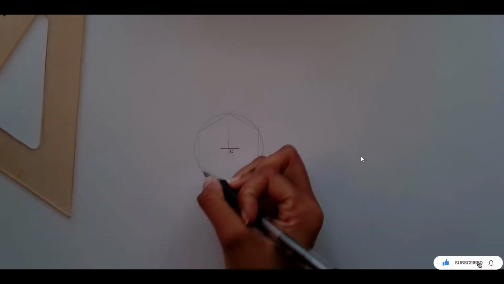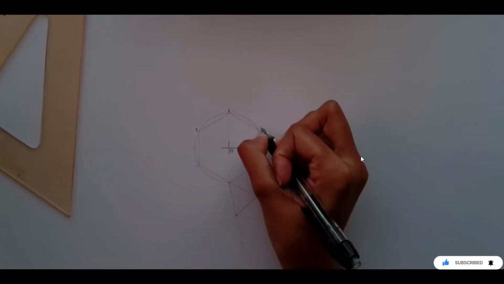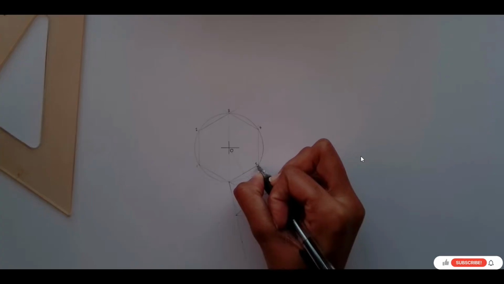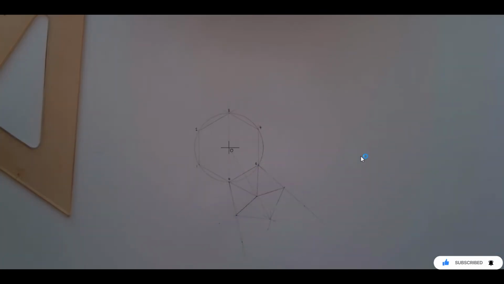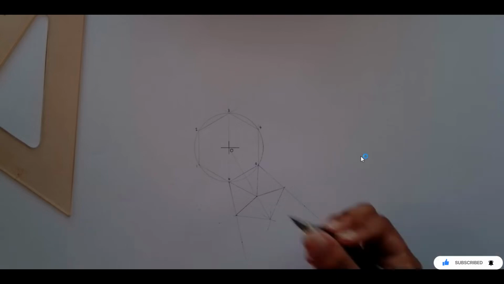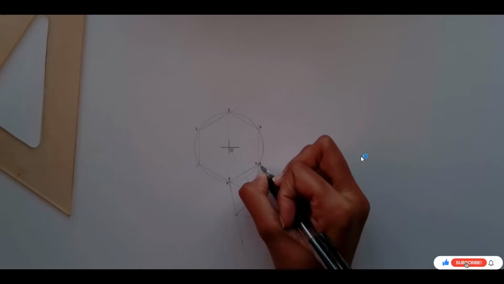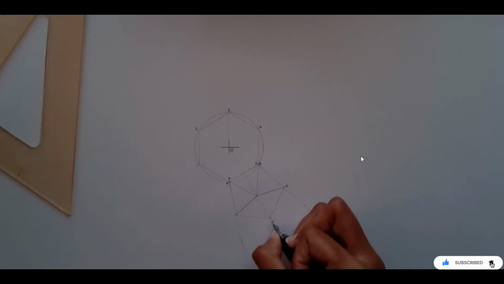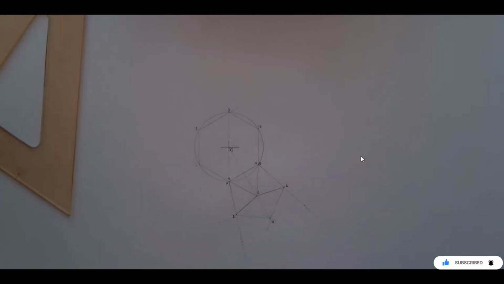So I'm going to start with my 1 here, 2, 3, 4, 5, 6. And then for my pyramid, I'm going to have my A, B, C, D, E, and F there at the top because remember it's a pyramid, so it has an apex.